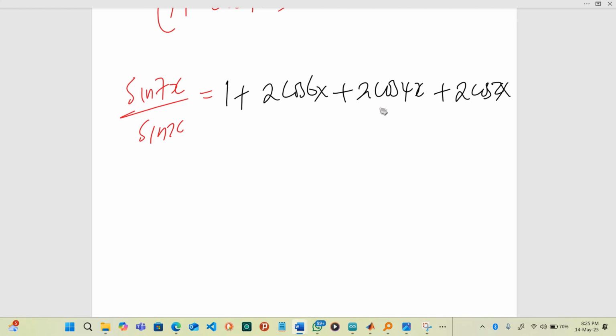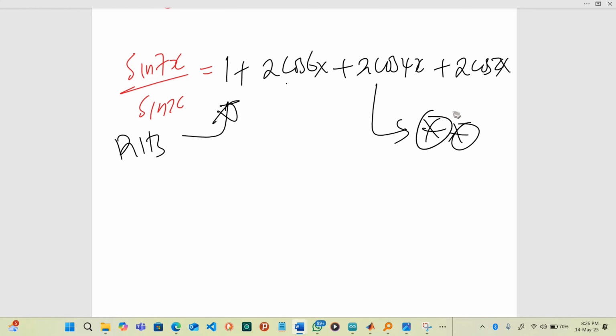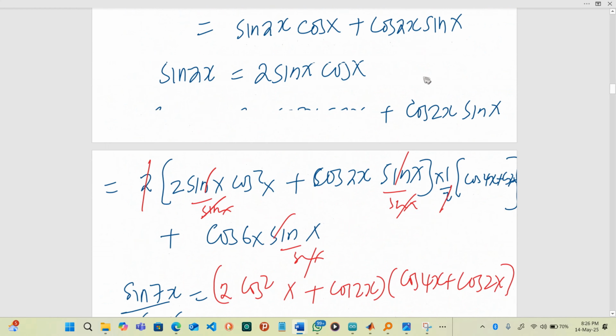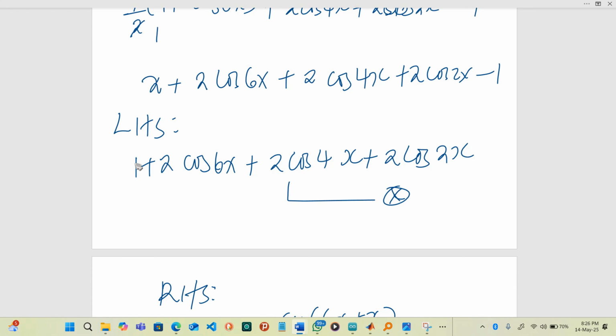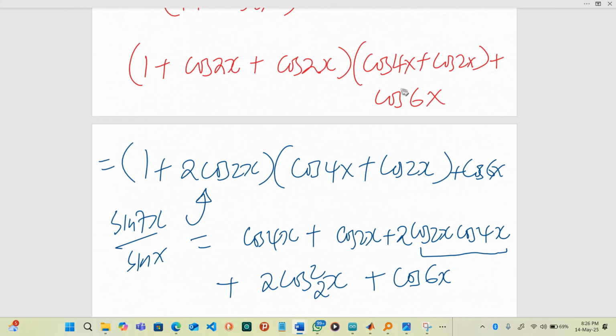This is the right hand side. So if I call this maybe star 2, let's compare it with star 1 up there. Does it resemble 1 plus 2 cos 6x plus 2 cos 4x plus 2 cos 2x? Is it the same as what we have down here?